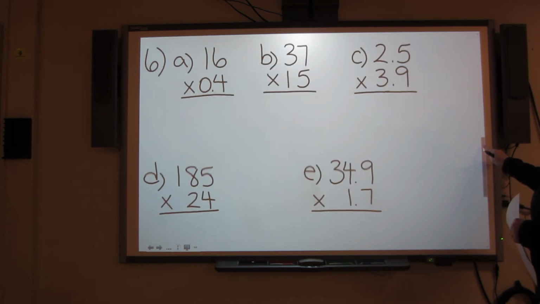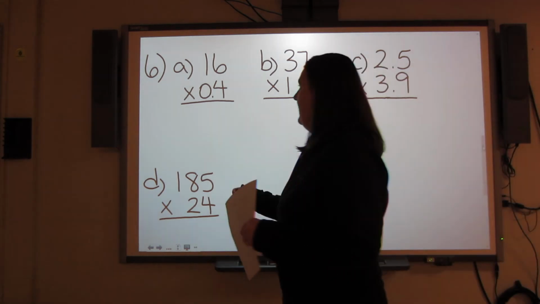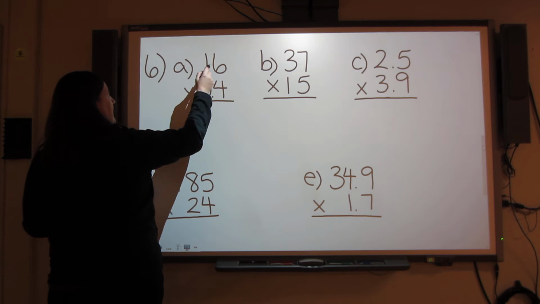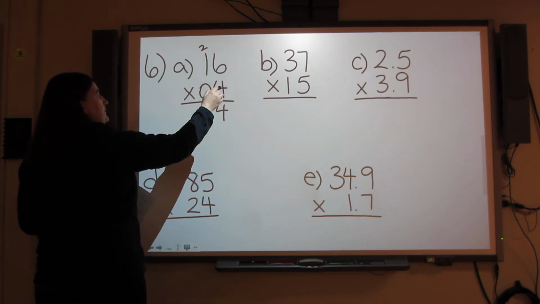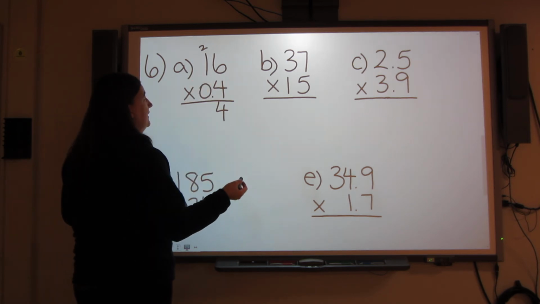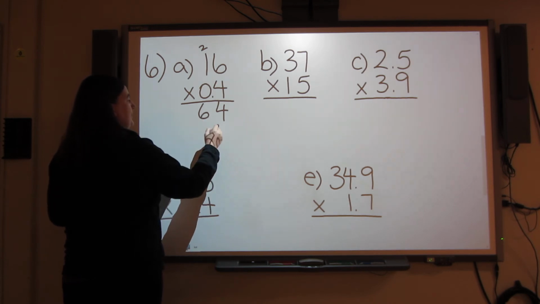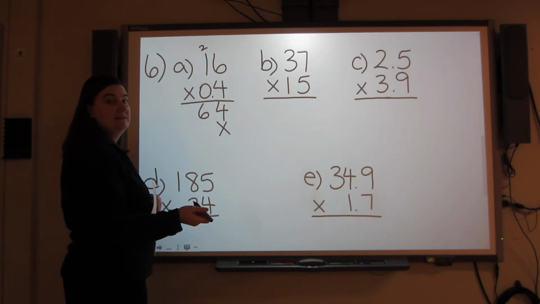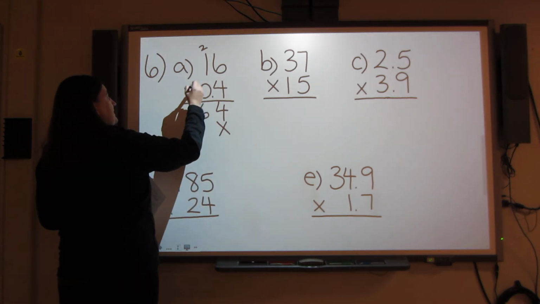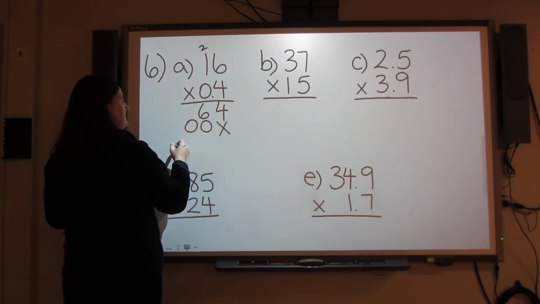Let's take a look at number 6. For number 6, we're going to answer A and D again. So... times 1 is 4, plus the 2 that you carried is 6. You put an X because you're moving to the next digit, which in this case is a 0. 0 times 6 is, of course, 0, and 0 times 1 is, of course, 0.